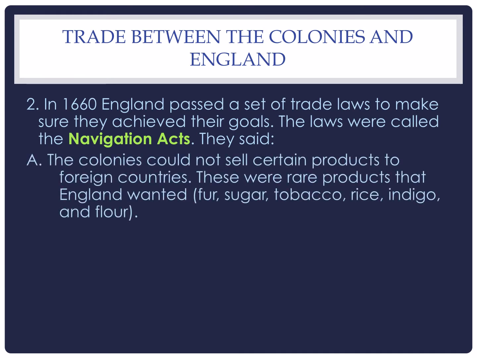First off, colonies were not allowed to sell certain products to foreign countries. And mostly those were rare products, things that were hard to get, things that were expensive, and England wanted them. So some of those products included fur, sugar, tobacco, rice, indigo, flour, some of those raw materials that were very valuable. And England said, you can only sell those to us.